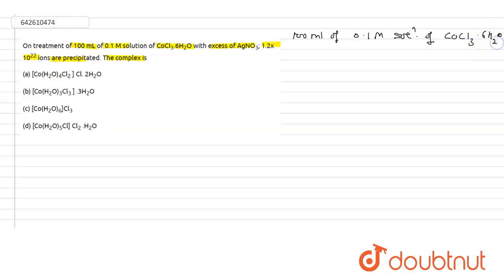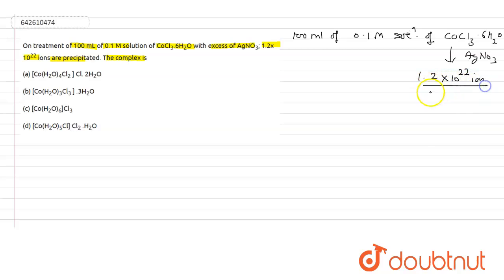So this complex is treated with excess AgNO3. When this complex is treated with excess AgNO3, we are getting 1.2 x 10^22 ions.